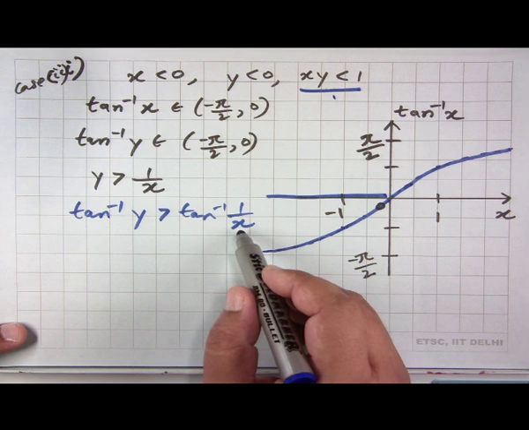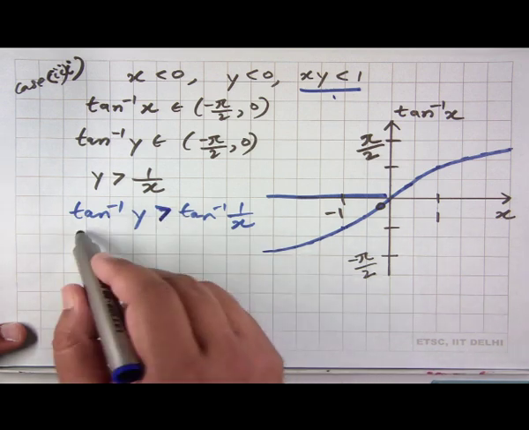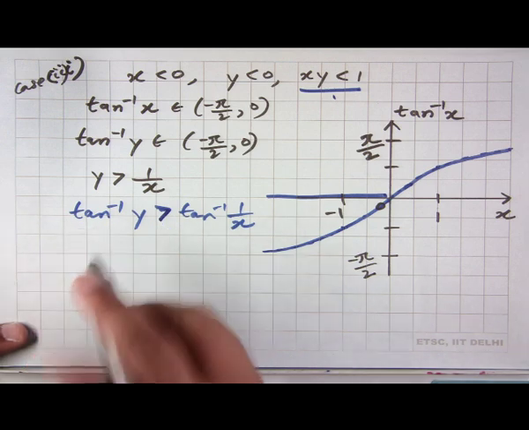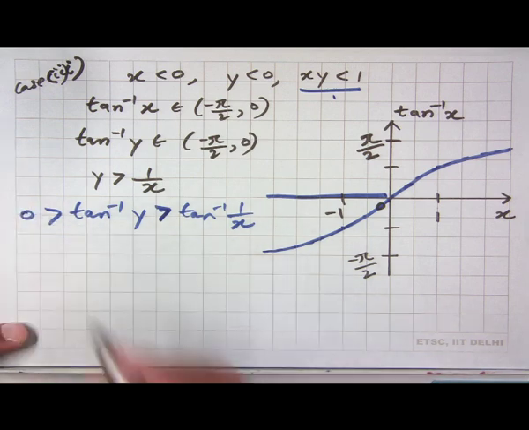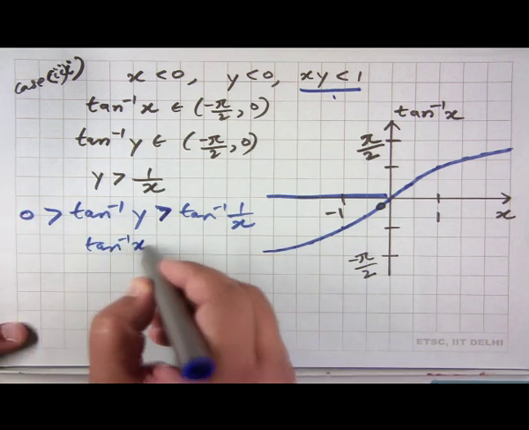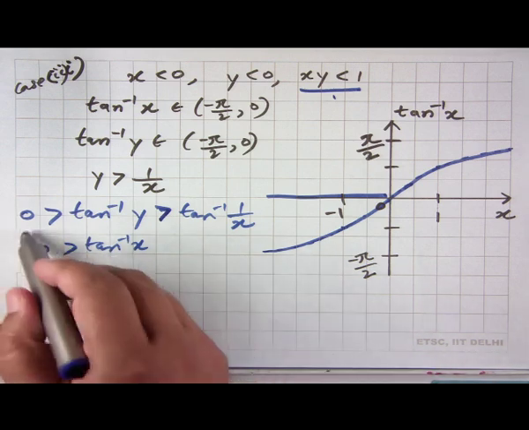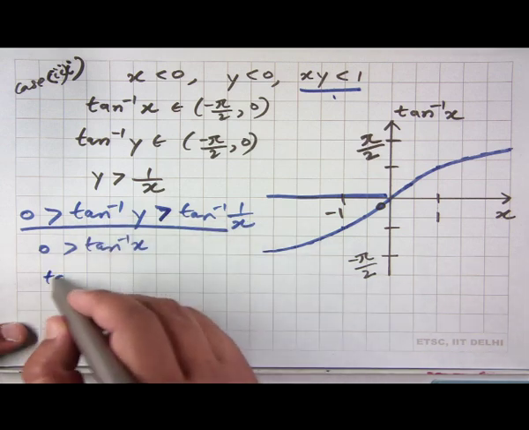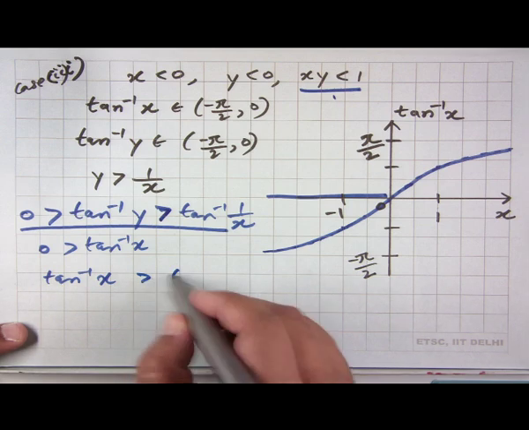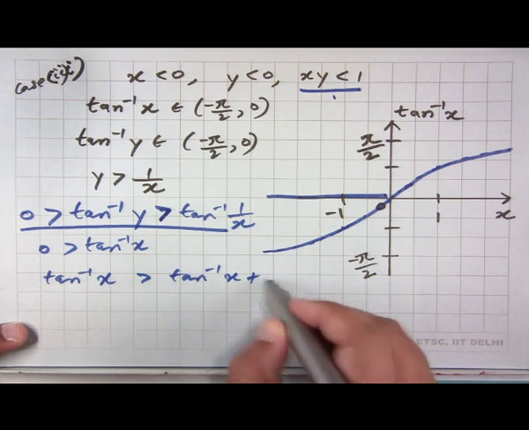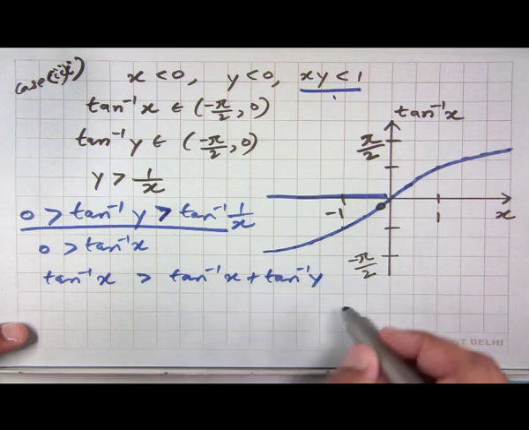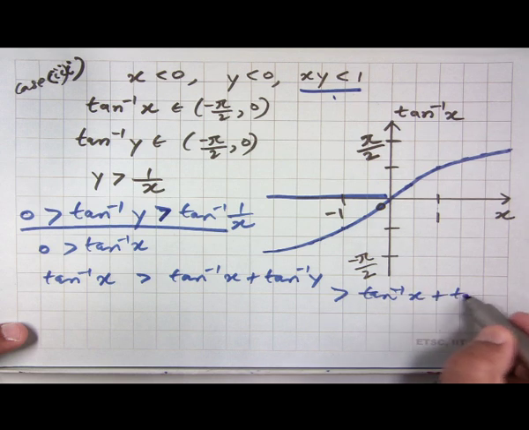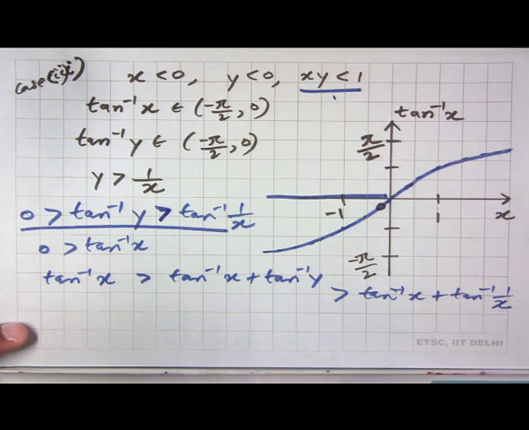And because x is less than 0, and tan inverse x is also less than 0, if we add tan inverse x to both sides of this particular inequality, what we get is tan inverse x is greater than tan inverse x plus tan inverse y, which is greater than tan inverse x plus tan inverse 1 over x.